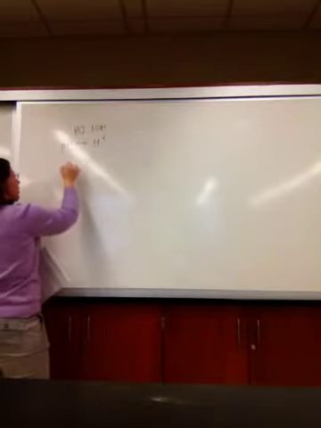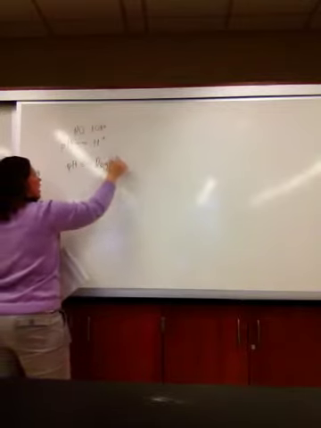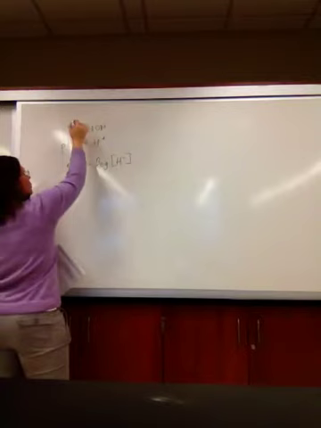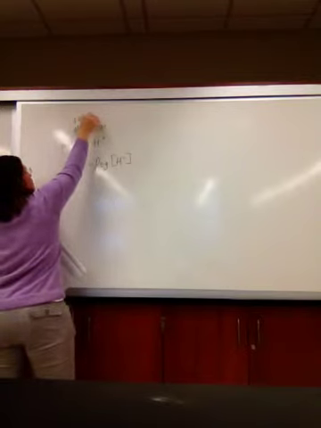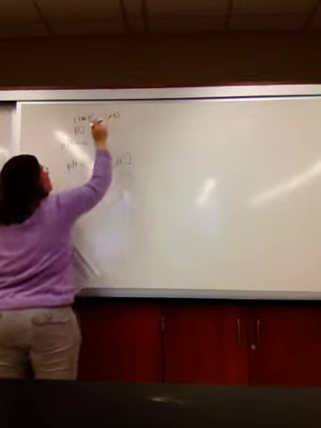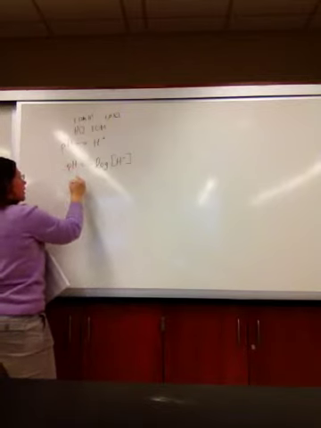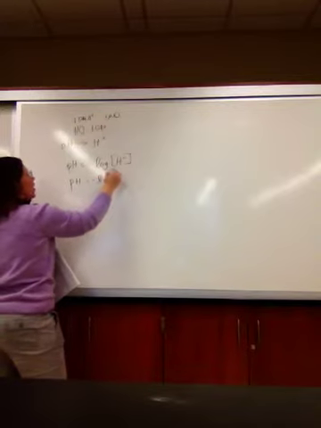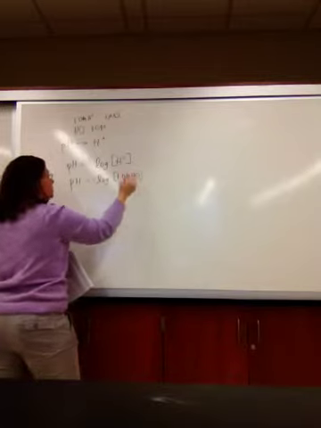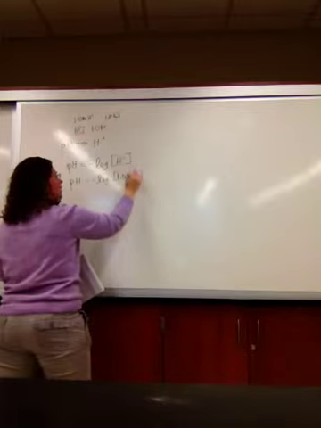The equation is pH equals the negative log of the H+ concentration. Because HCl completely dissociates, we have 1 mole of H+ and 1 mole of Cl-. So for this particular example, the pH would be the negative log of our 1.0 molar HCl, or you can just consider that the H+.